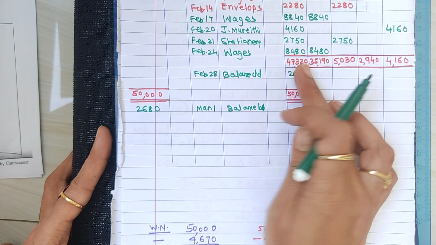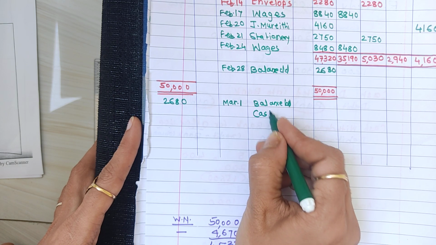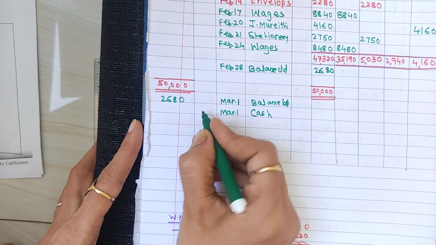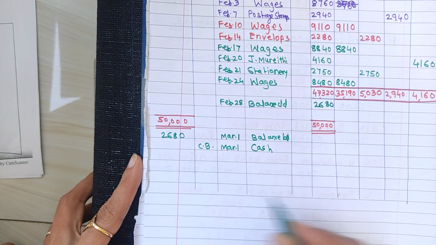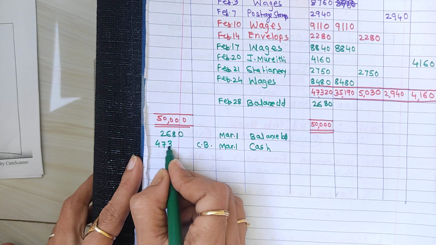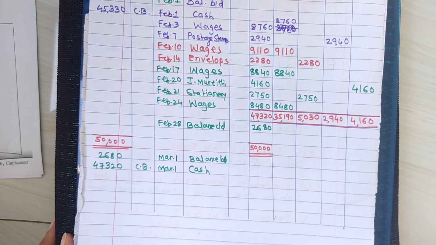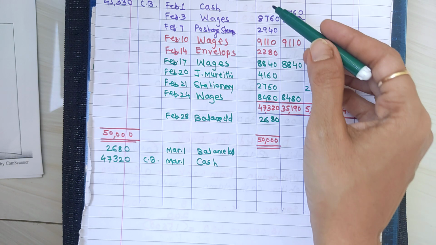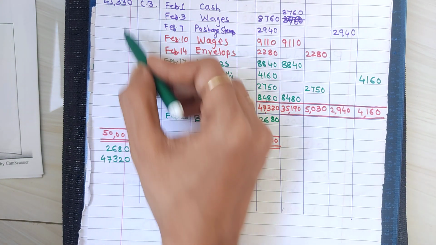How much amount is spent, the same amount we will receive again, so that the petty cashier will have the same 50,000 in hand to spend for petty cash. So we will write here 47320. In this way our petty cash book is ready. Say again, we made total of this total column, we took balance, this is 50,000 receipt we are having.